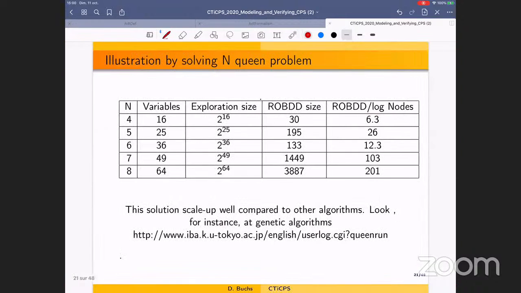Just an example: if we solve the n-queens problem, it's the problem where we have to place n queens on a chessboard. If we take n as the number of lines and columns, we can show that the set of states is very large.